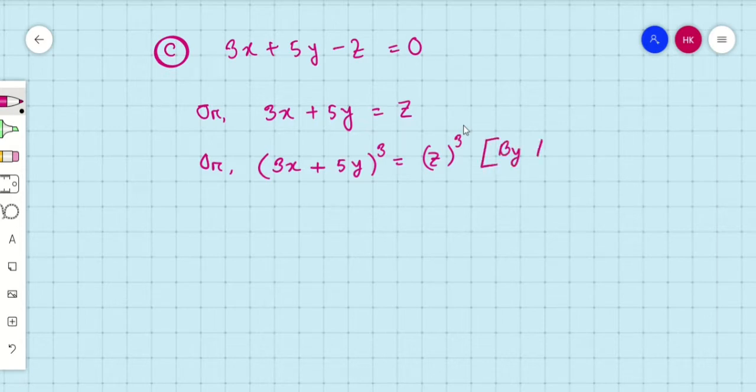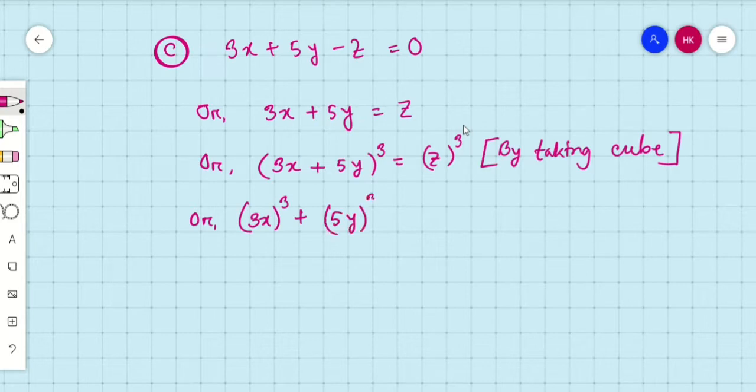Here we can apply the formula of cube: 3x whole cube plus 5y whole cube plus 3 into a into b into a plus b is equal to z cube.